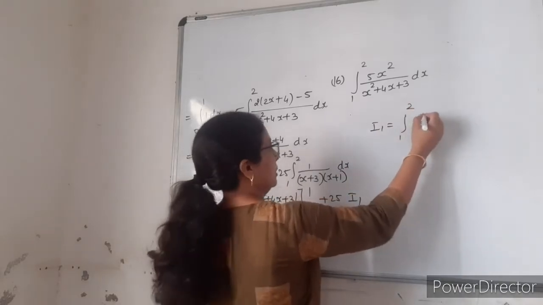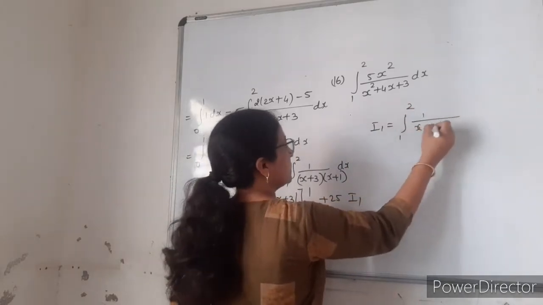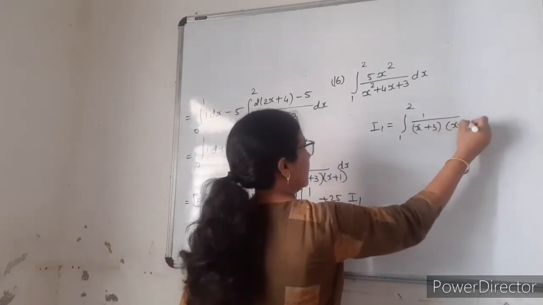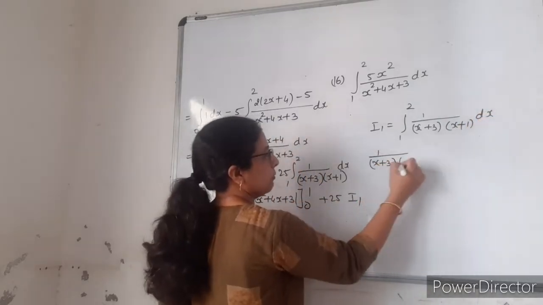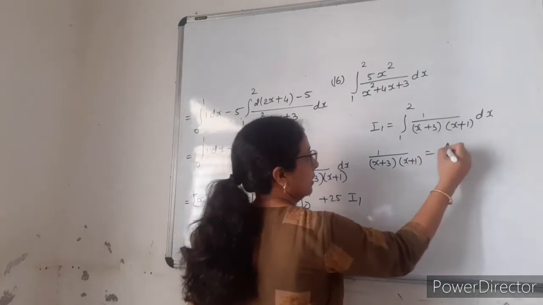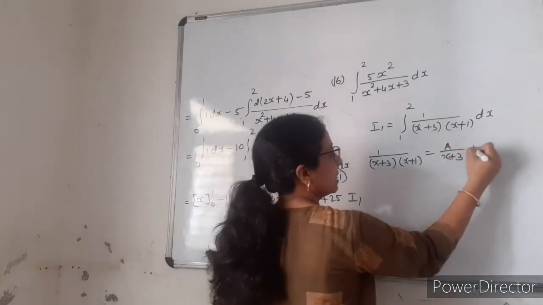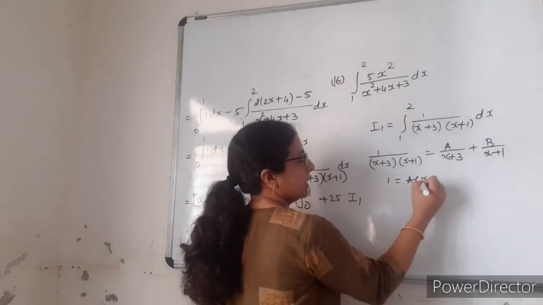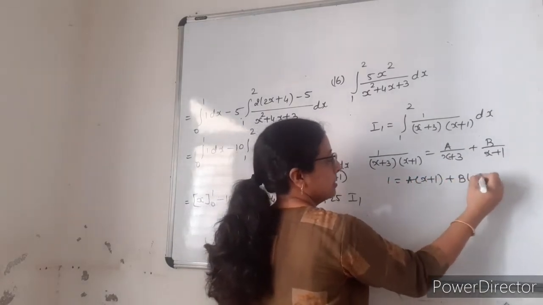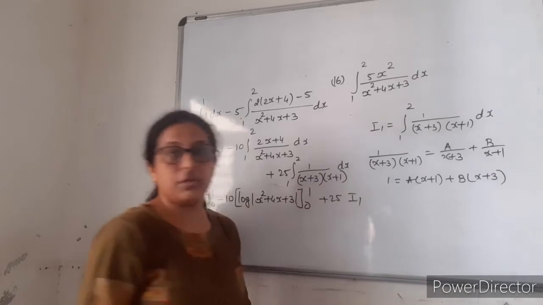1 to 2, 1 upon x plus 3, x plus 1 dx. So x plus 3, x plus 1: a upon x plus 3 and b upon x plus 1. So it is like this. You know this method.